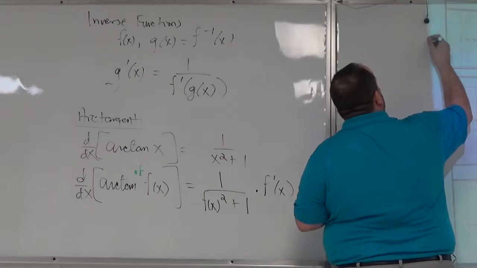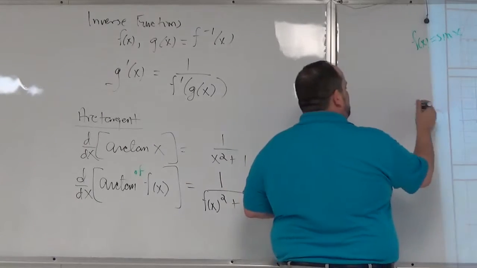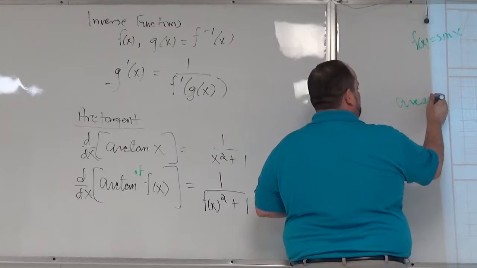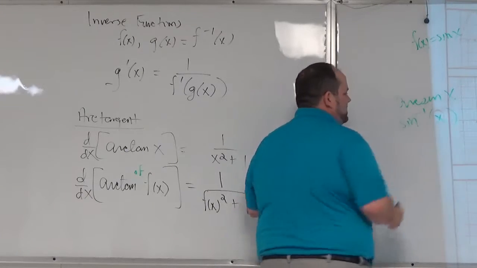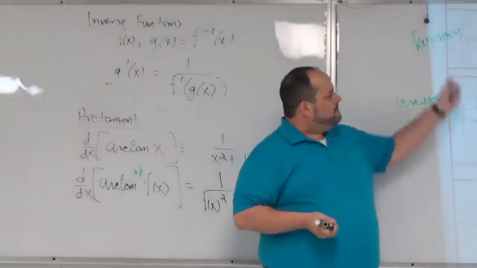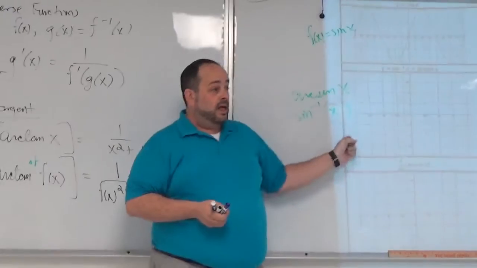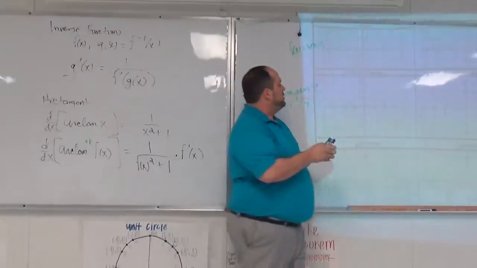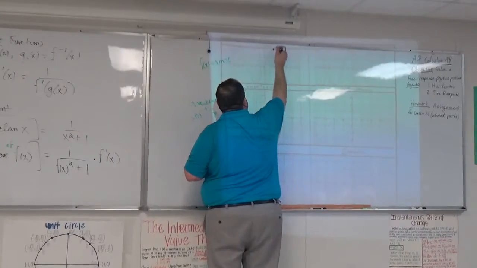So if this guy up here is the graph of sine of x, and this guy here is arc sine of x, or sine inverse of x, I want to keep in mind that there's an inverse relationship here. What's this highest point up here on the sine of x?